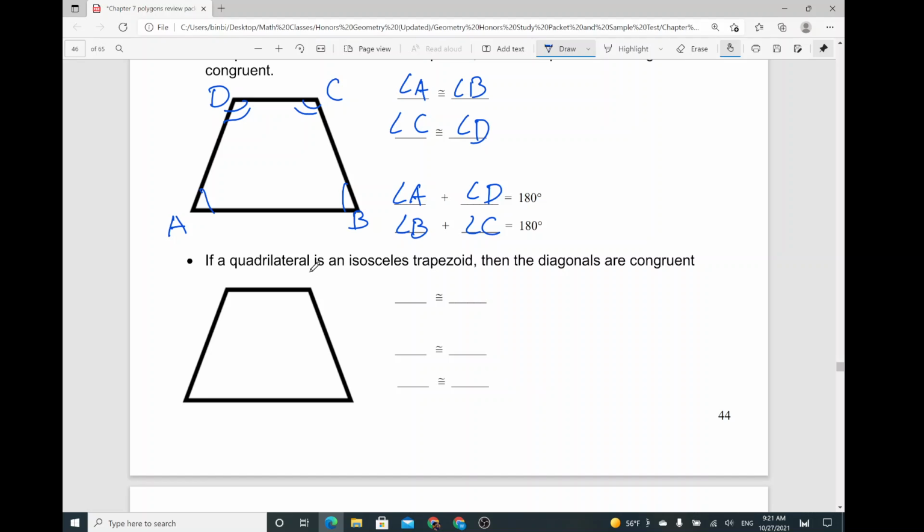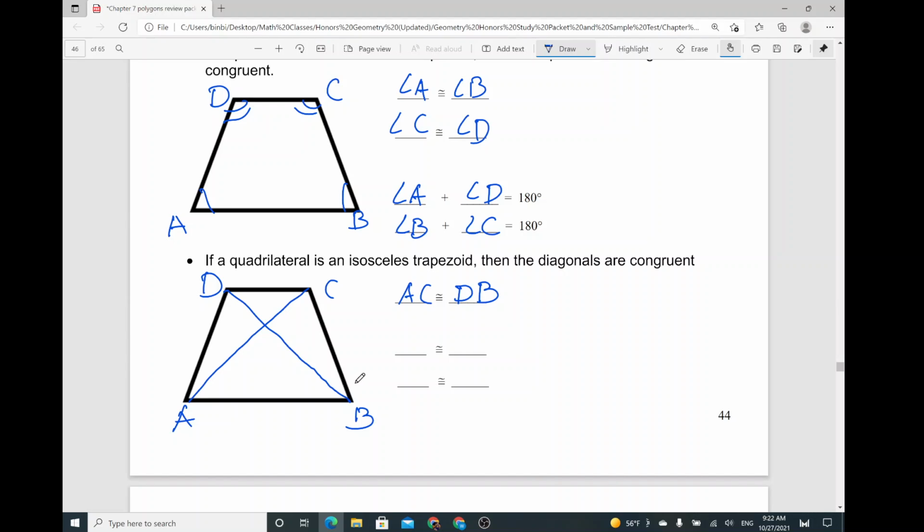If a quadrilateral is an isosceles trapezoid, then the diagonals are congruent. So again, A, B, C, and D. That means AC is congruent to DB.